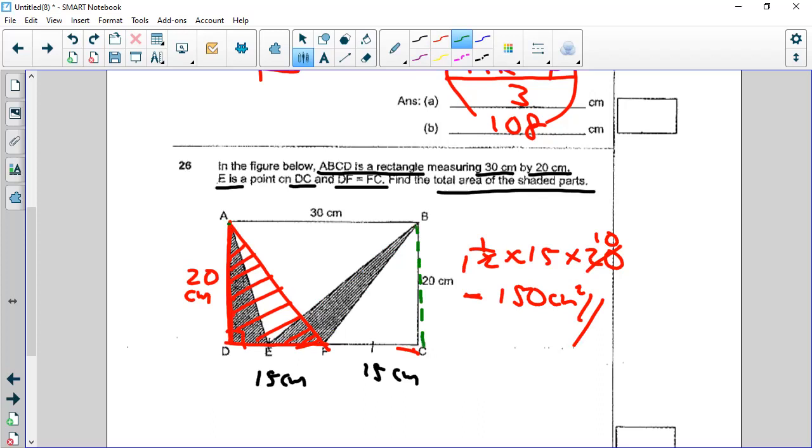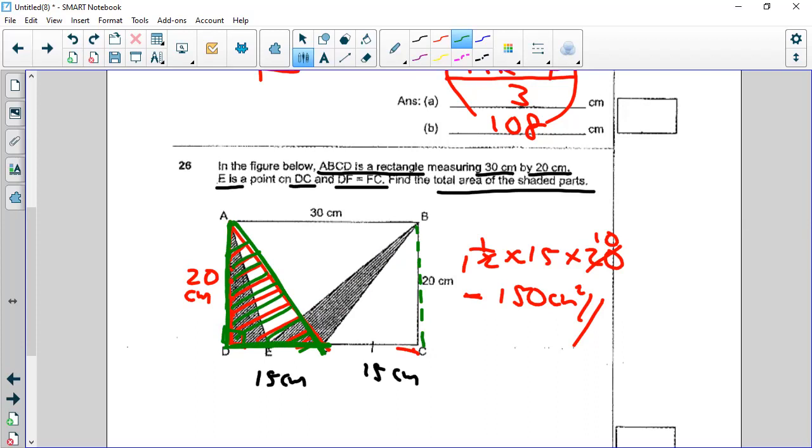So you draw the common height, and then the two bases. You just join them together, and then that is your right angle already. Very easy. That's how you draw the right angle triangle that has the same area as these two shaded ones. Okay, understand? Shortcut. But of course, if you don't understand, then use the takeaway method, which is also correct. You will still get the same answer.